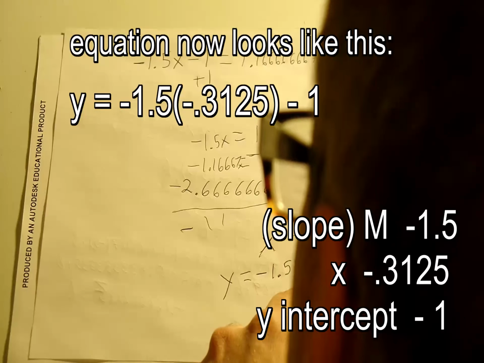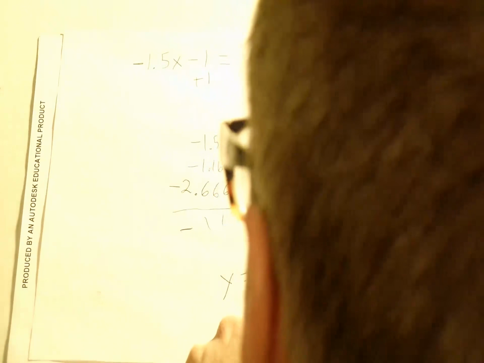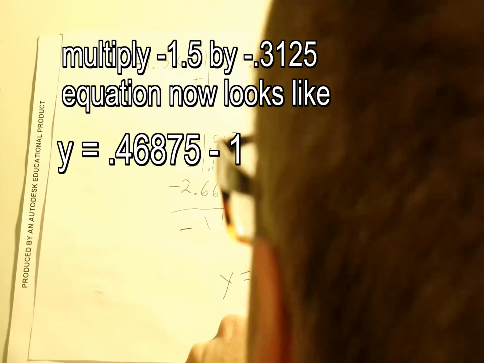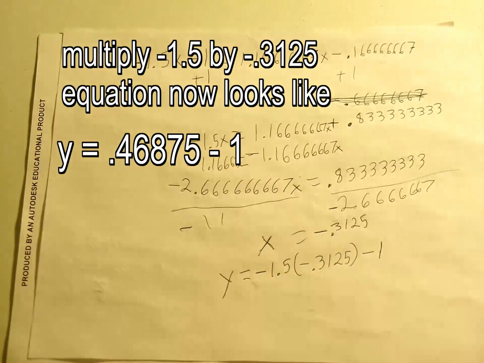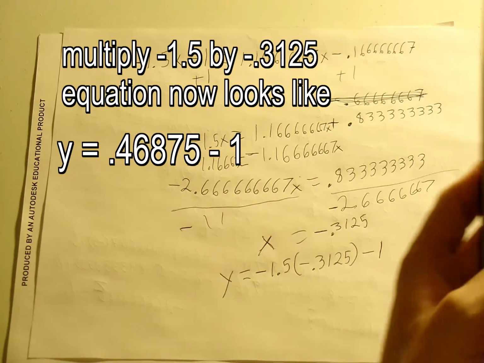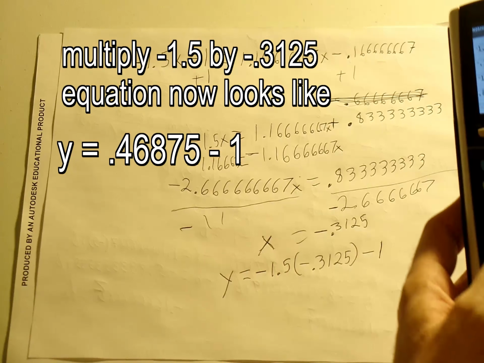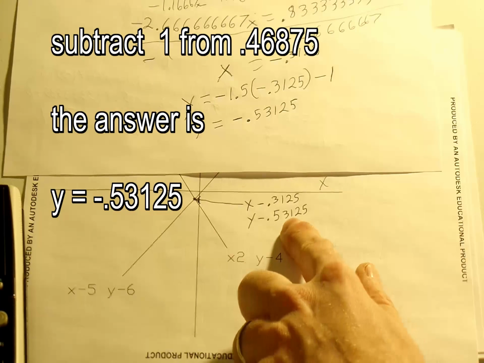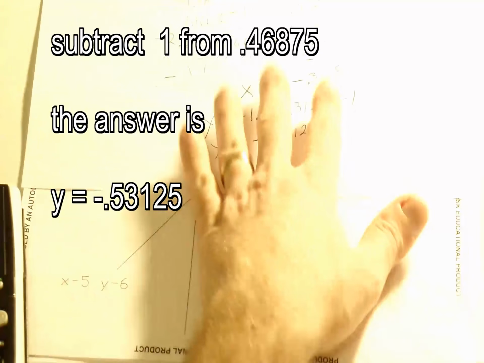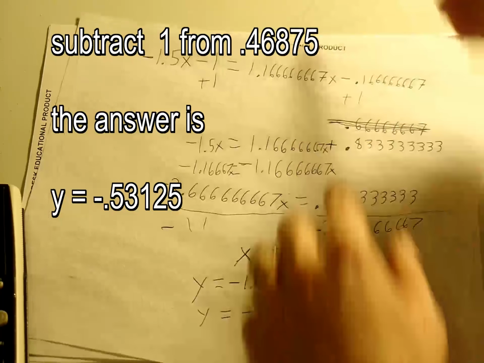Yep, plug in the x right where the x is and just follow it through. Negative 1.5 times the x factor. Where have I heard that before? But x. So there I put the x in there.